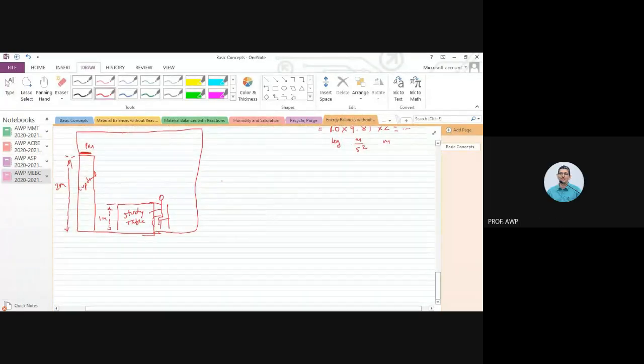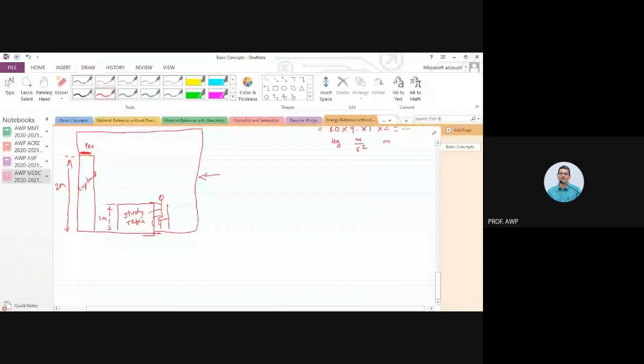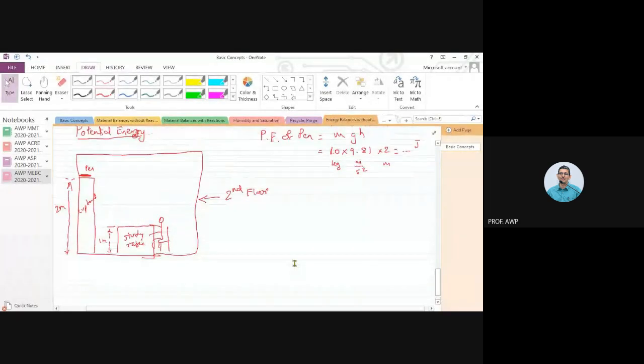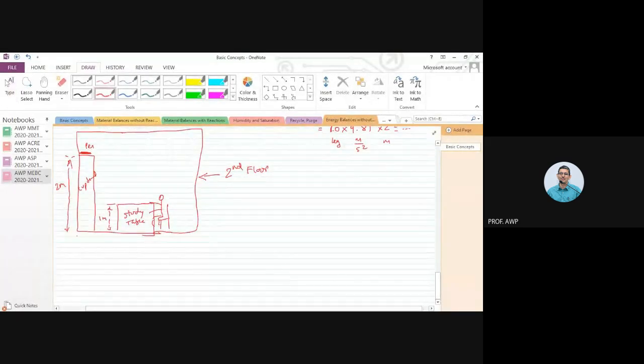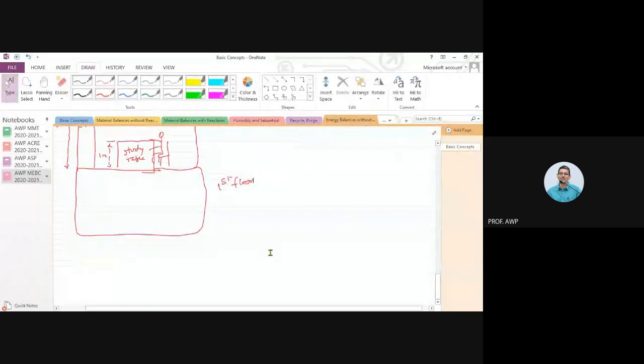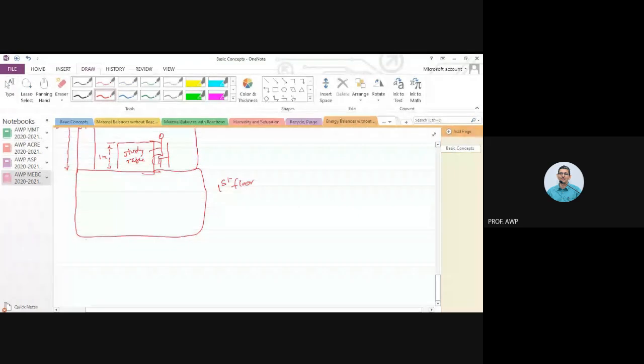Suppose you are on the second floor. So there is a first floor below you, and there is a ground floor below that. Right?